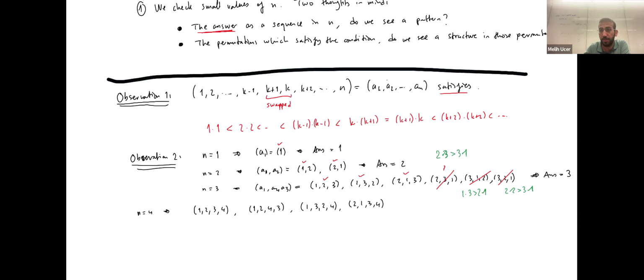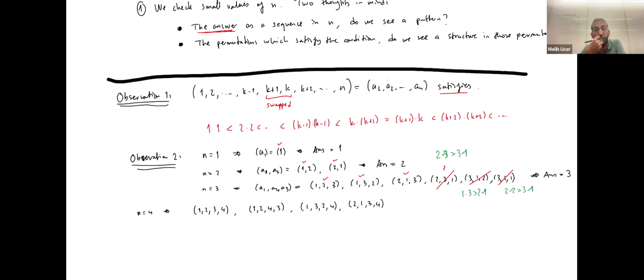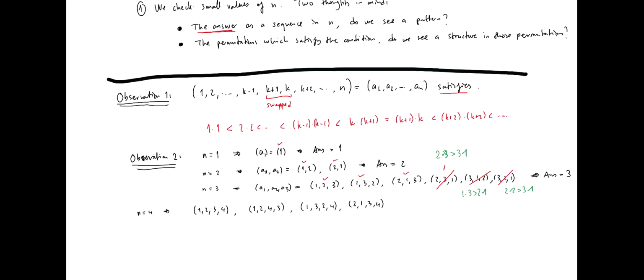Have you tried all 19 of them? No. So the first element is either 1 or 2, and the last one is either n or n minus 1. Yeah, so how did you verify this? How do you know that this is the case?